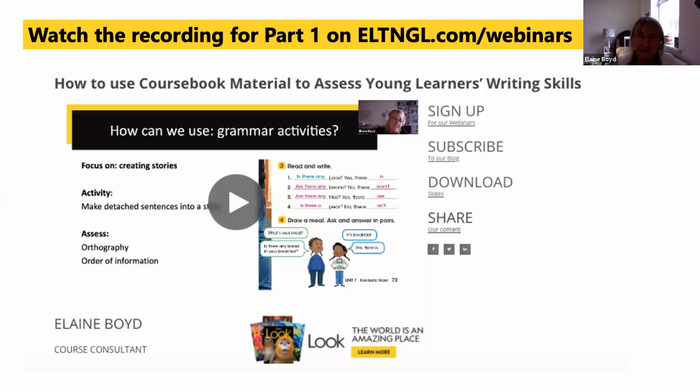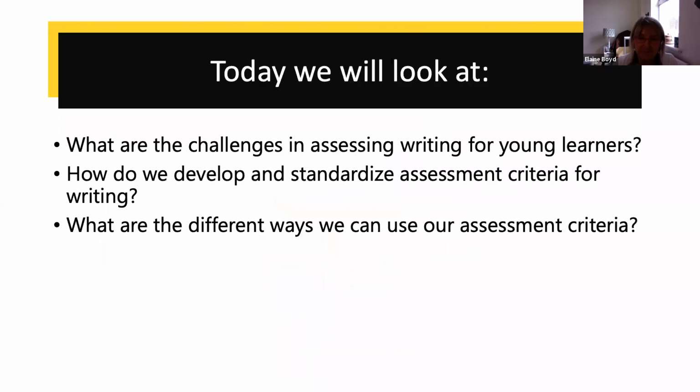So let's make a start on today. And obviously you will see from the session you've joined that we're very much looking at writing today. We're going to start with a little consideration of the challenges in assessing writing for young learners. Again, we looked at this in much more detail in the autumn session, or the fall session, you would say.